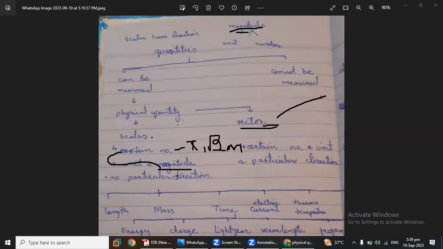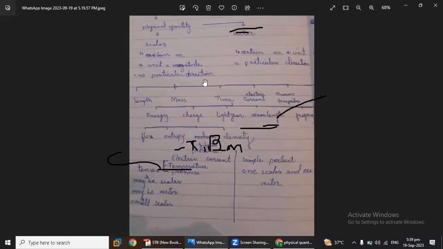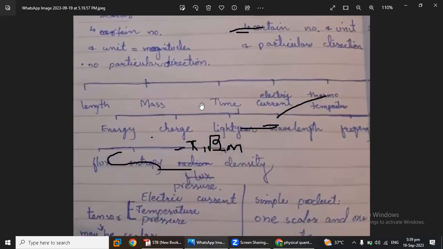Now we want the sum of this quantity. So we can say that we have a total of 2 plus 3, which means 5 meters of cloth altogether, including blue and black. As simple as that. Now we are going to see some of the quantities which are scalar.